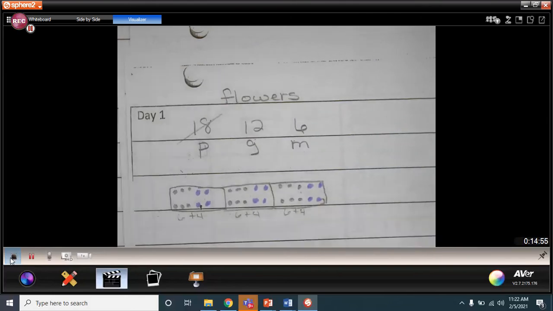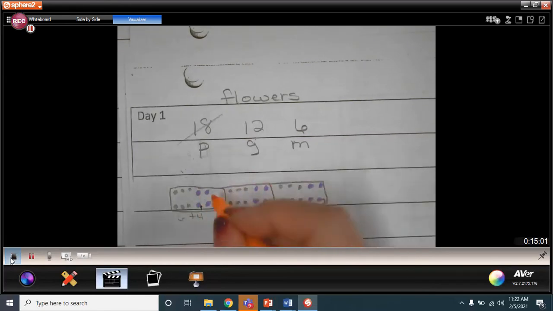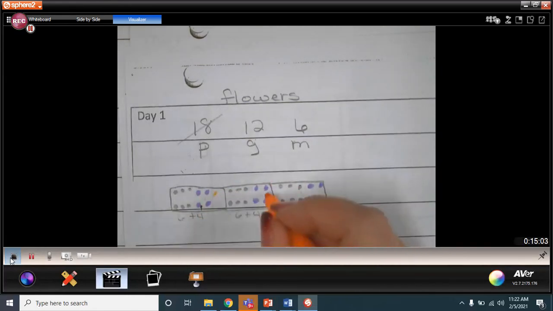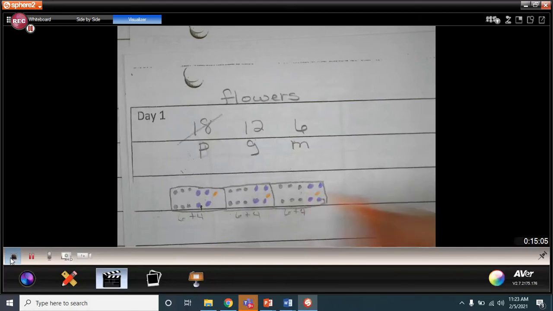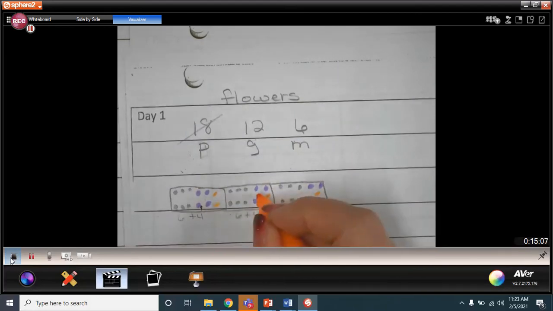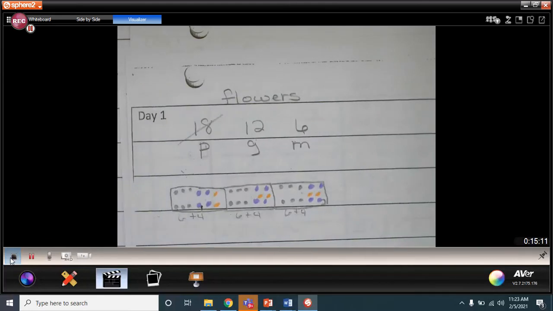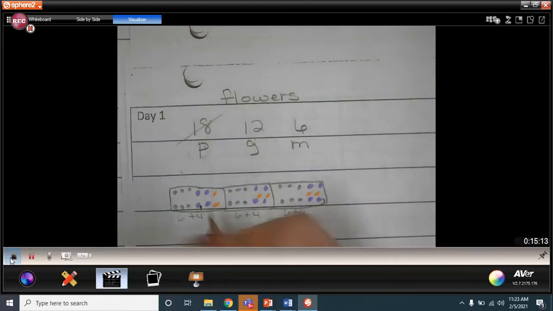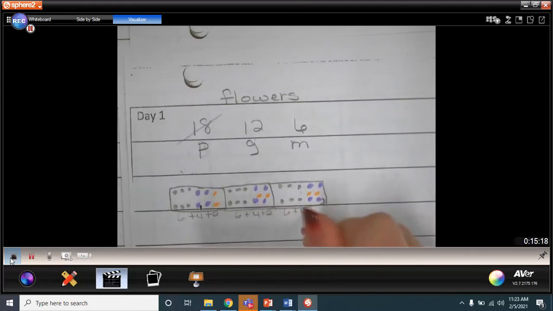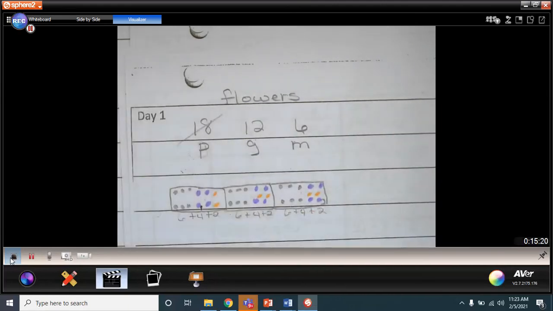And now I'm going to take the marigolds and put those into the pots. I didn't make my flower pots big enough, but 1, 2, 3, 4, 5, and 6. So now you can see that I've also been able to put 2 marigolds into each of the flower pots.